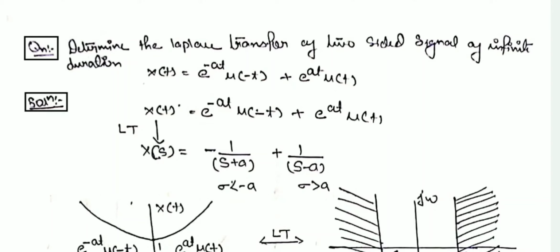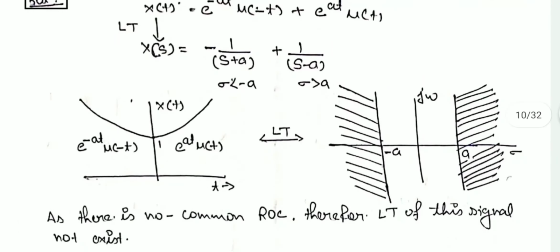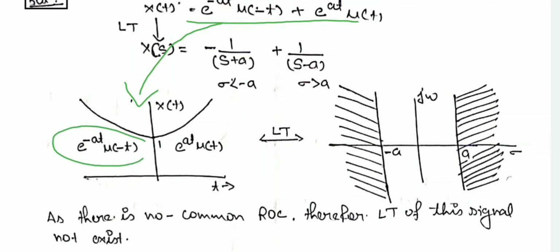Okay, when we plot this signal xt, we know that this signal is a both-sided signal, and when we integrate, it becomes infinite, and the Fourier transform does not converge. But the Laplace transform is possible if they have a common ROC.